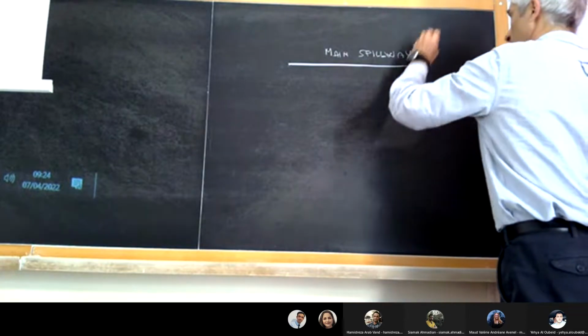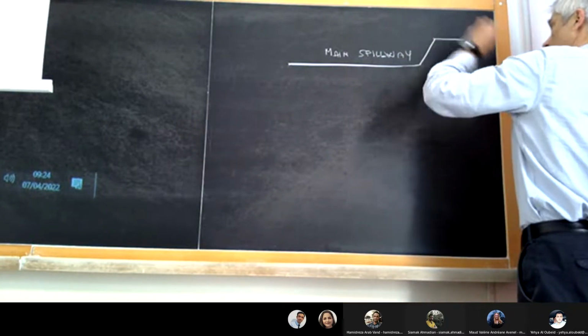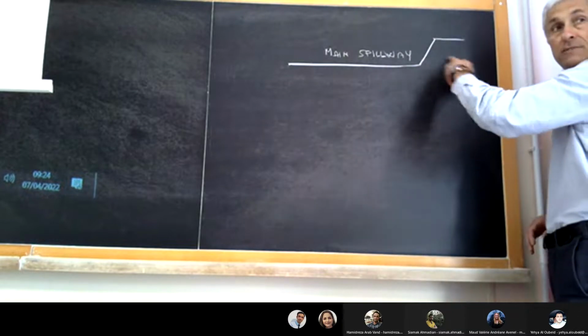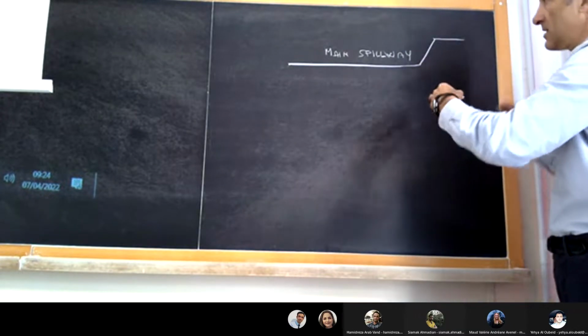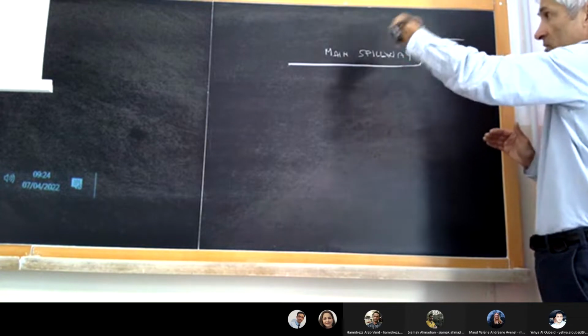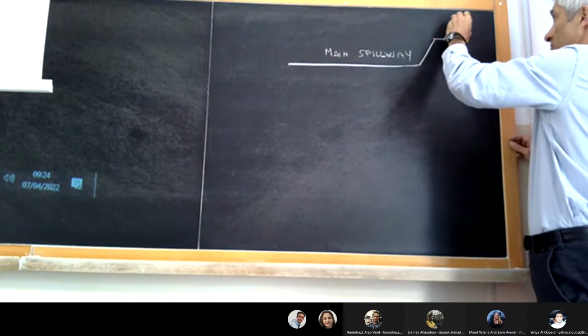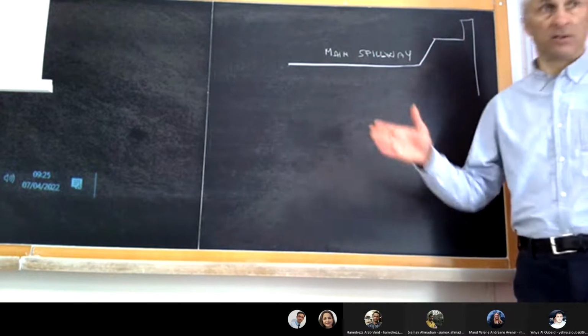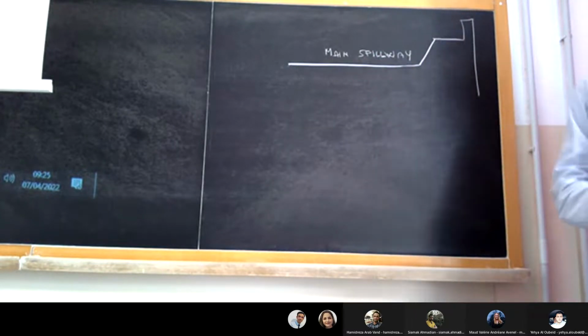And then you have the wings of the barrage. These parts are called wings. These are the parts that are more elevated with respect to the main spillway, for the purpose of keeping the flow concentrated in the center of the riverbed.